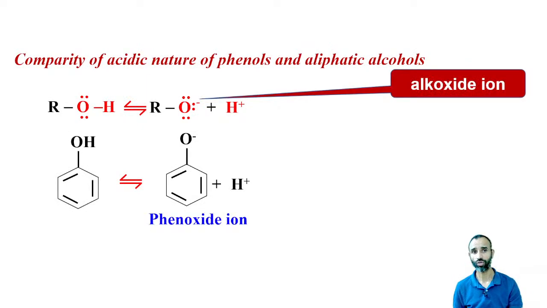But in alkoxide ion, there is an alkyl group which increases the electron density of oxygen, and therefore this alkoxide ion is destabilized.